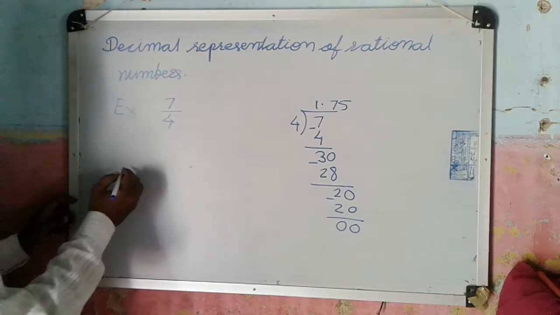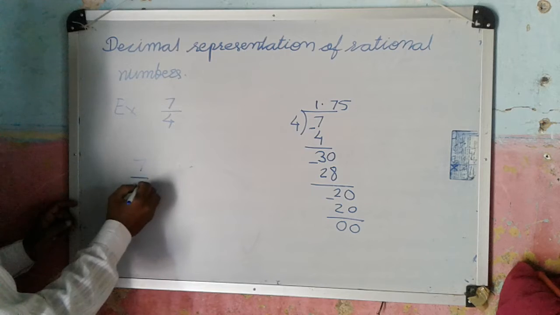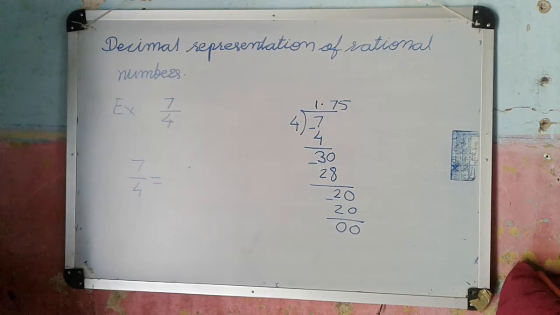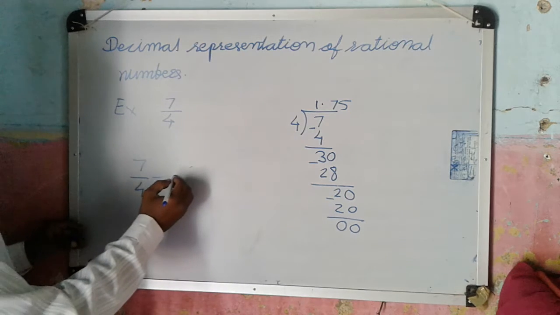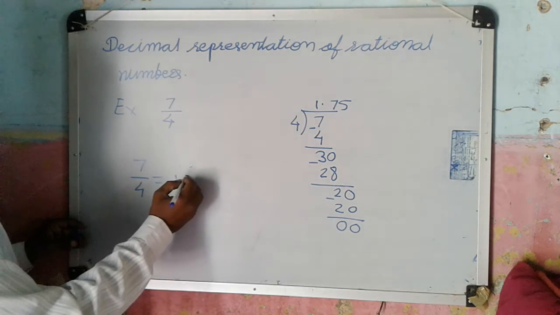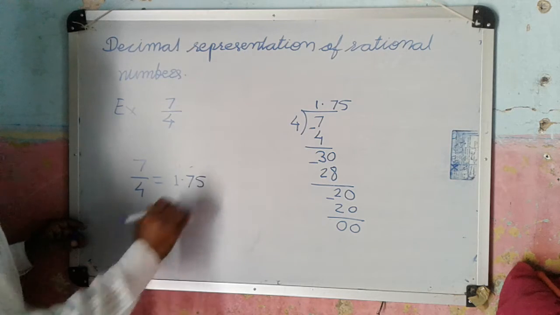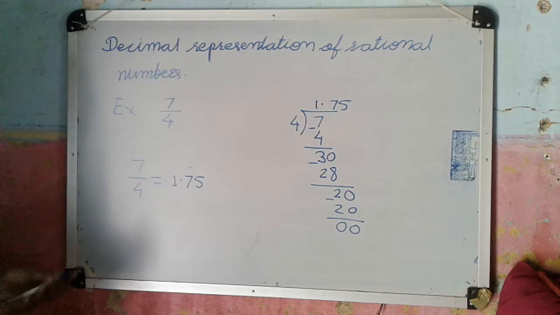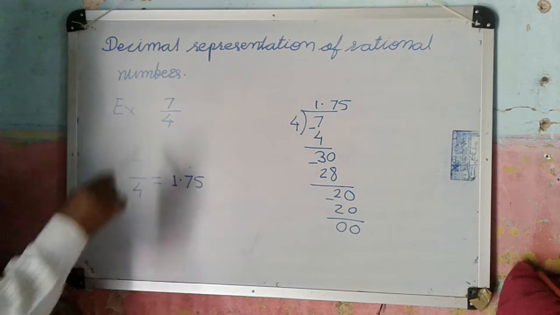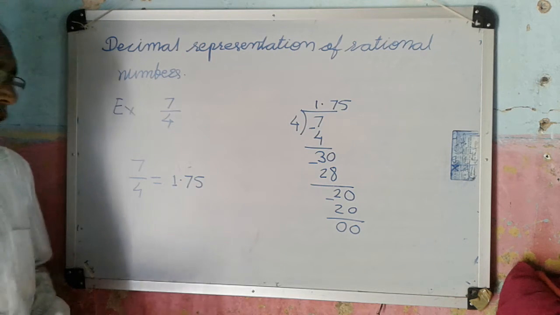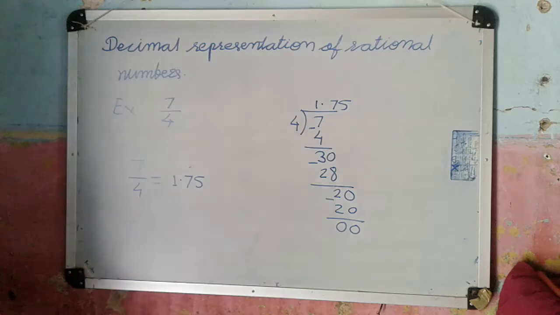So this fraction 7/4, that means this rational number 7/4 can be written in decimal form as 1.75. This is called the decimal fraction. So in this way, every rational number can be written in the decimal fraction.